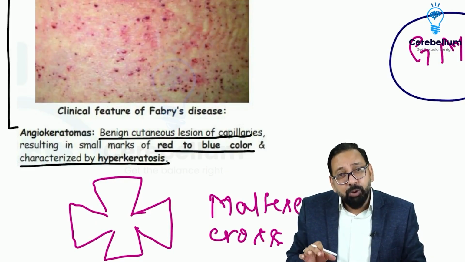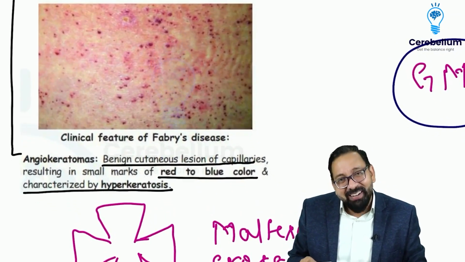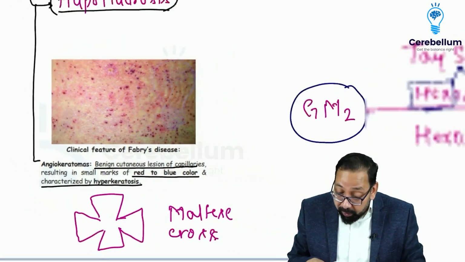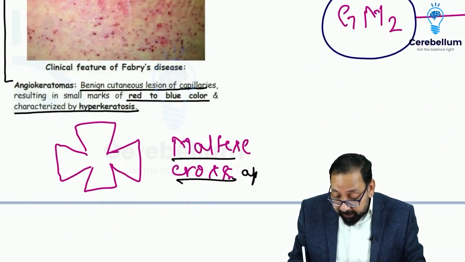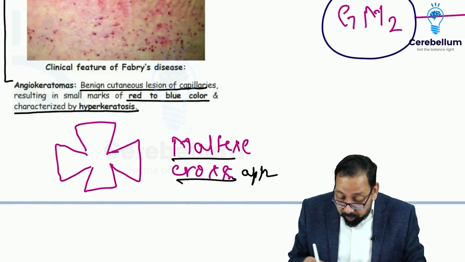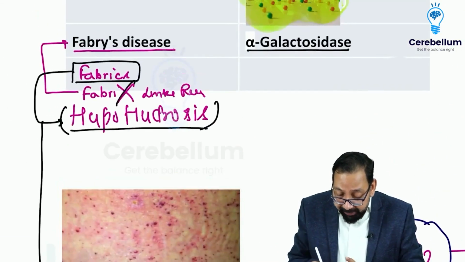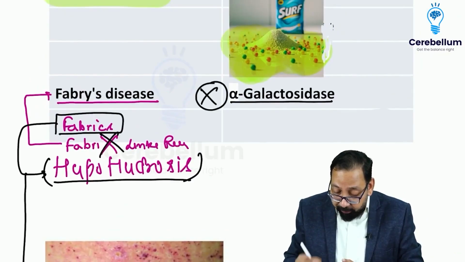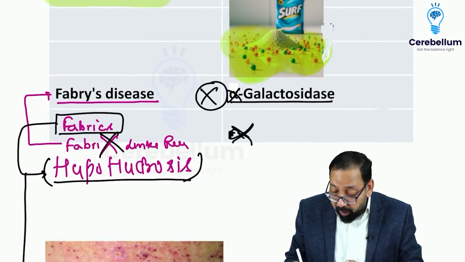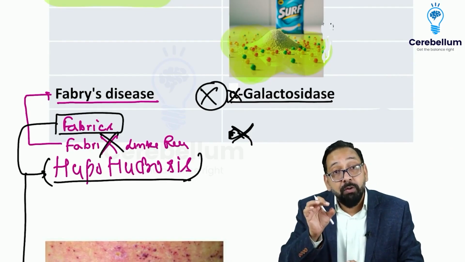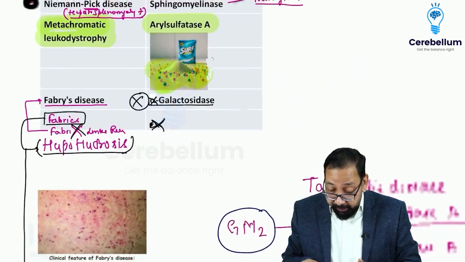This is angiokeratoma. So this is blue color or red color fabrics. Now in Fabry's disease, there is Maltese cross appearance. Yes, cross. Wherever you find cross, Fabrics cross, X-linked recessive cross. Yes, alpha is also looking like a cross. So this is Fabry's disease or Fabrics disease, alpha galactosidase deficiency.